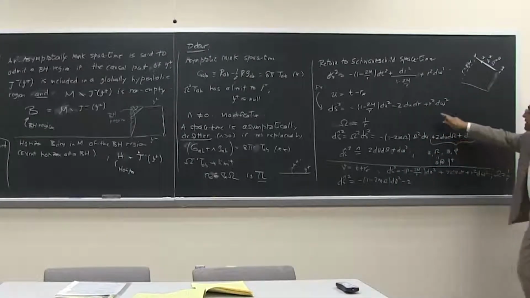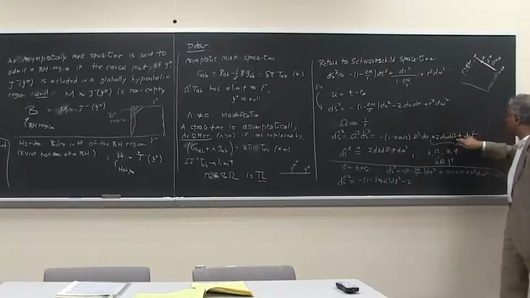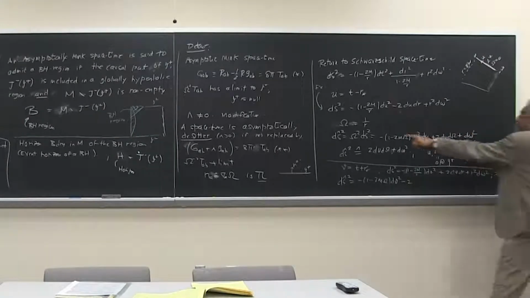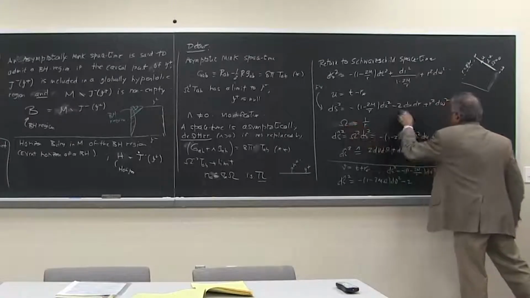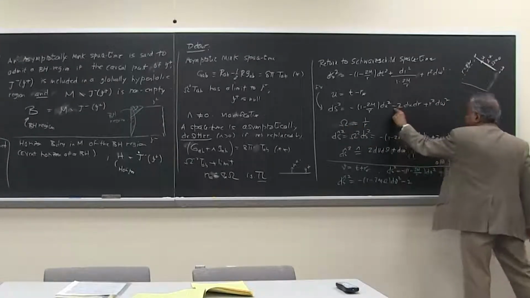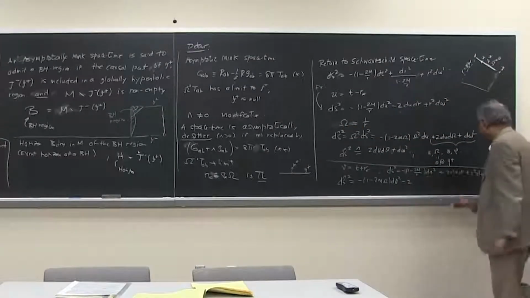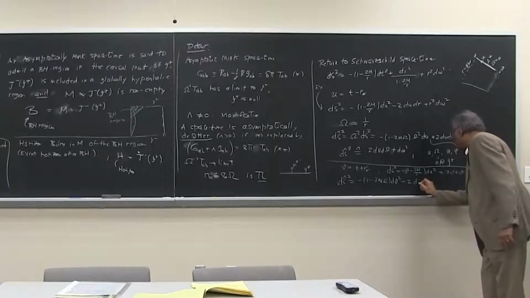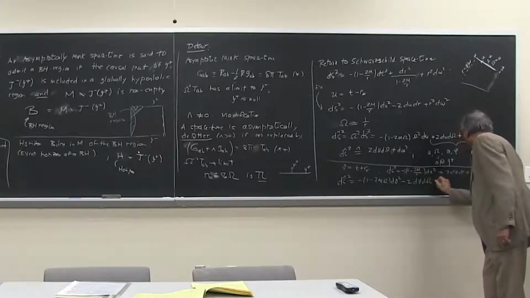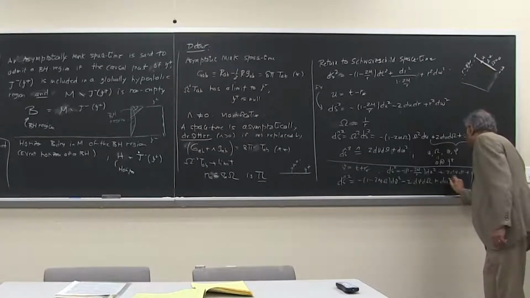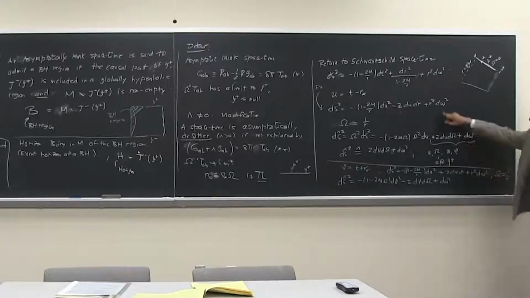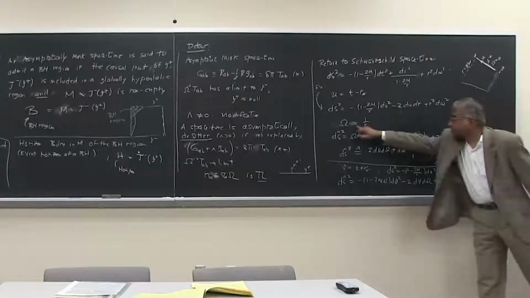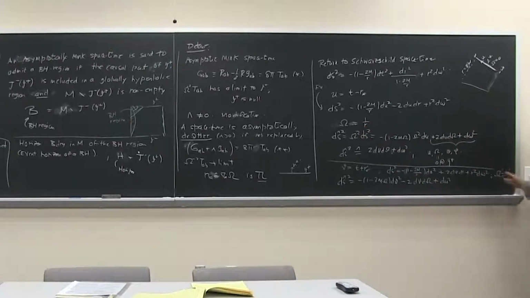The sign changes basically because we're going from dr to d omega. Since omega is equal to 1 upon r, when I take d omega, I get an extra minus sign. That's why this minus sign becomes plus, and this plus sign becomes minus. I'll just get here dv d omega plus d omega squared. The r squared, in both cases, is absorbed by the conformal factor omega squared. So you just get that metric.